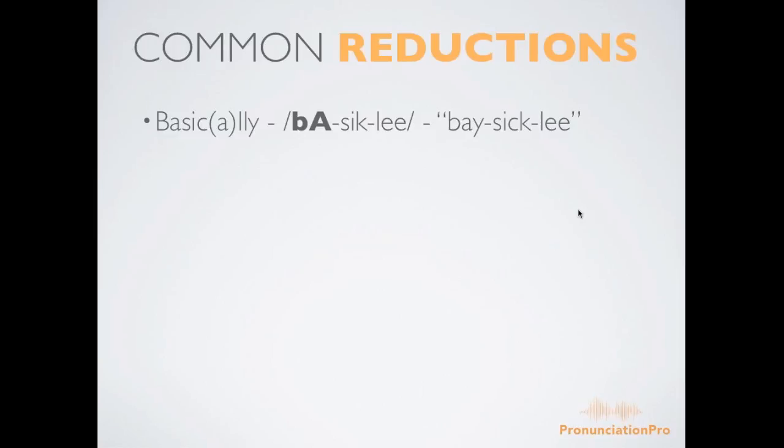Basically. This one, vegetable. Now this one's interesting because it has more of that ch sound in it, even though it has a G. So that's an interesting pronunciation for that one.